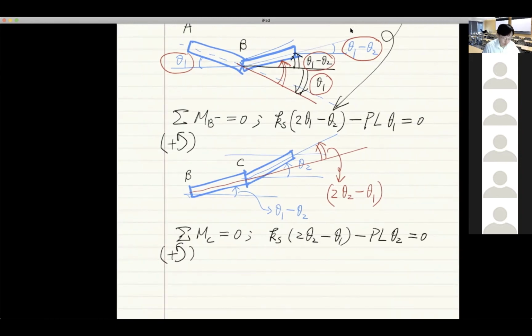So remember, for member BC, we have two moments. One is acting on the right, the other is acting on the left.